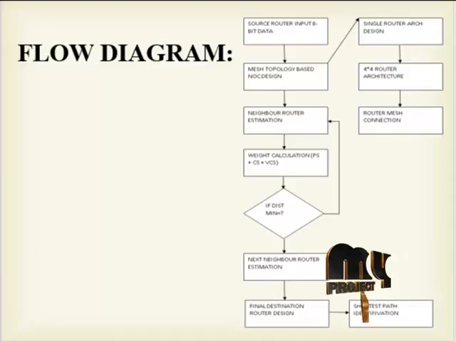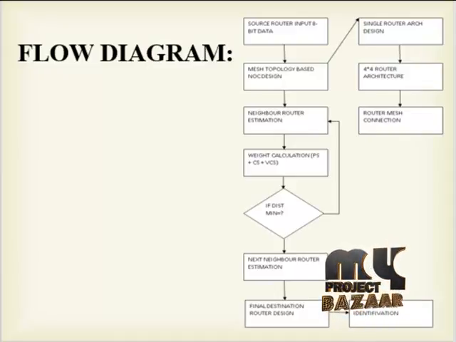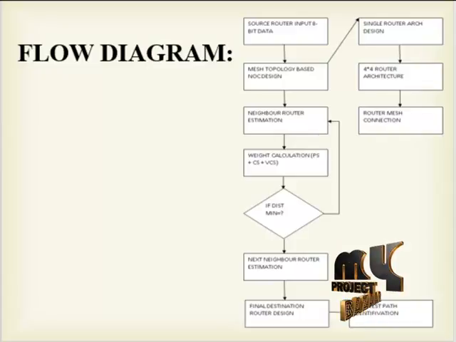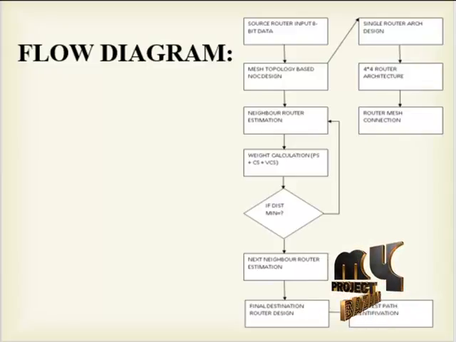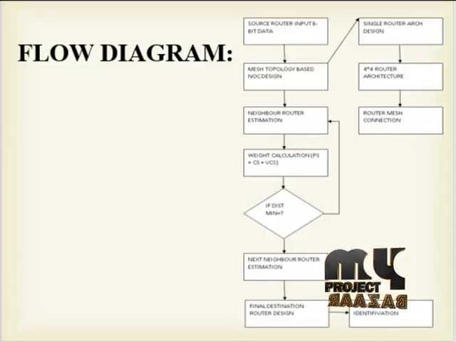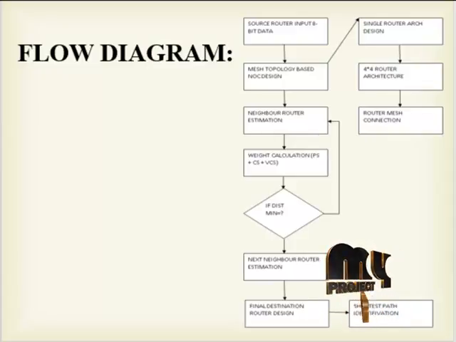The data transfer process analyzes all router position levels to find the shortest path between the source and destination router. The neighbor router estimation process analyzes the minimum routing weighted bits. The neighbor router estimation control is used to check the shortest path identification, and then we calculate the distance. The distance calculation finds the low distance route for shortest path identification.